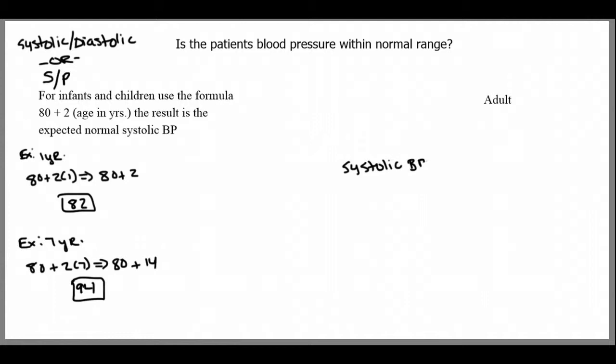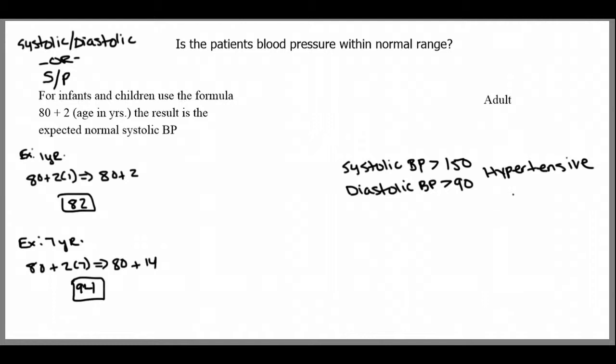Systolic blood pressure greater than 150, or diastolic blood pressure greater than 90 is hypertensive.